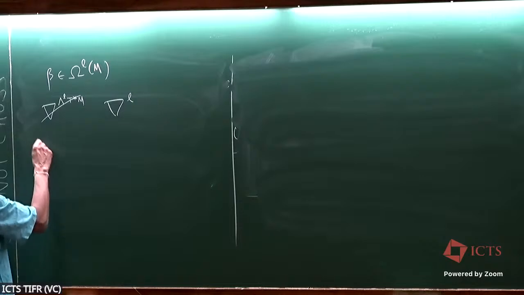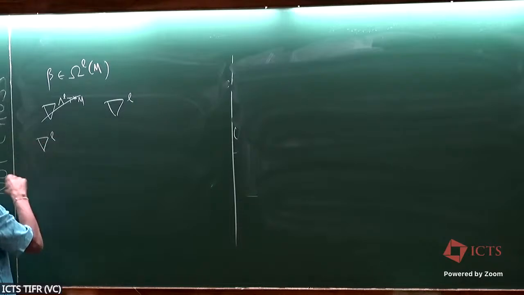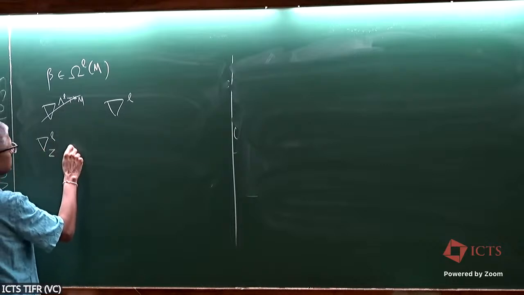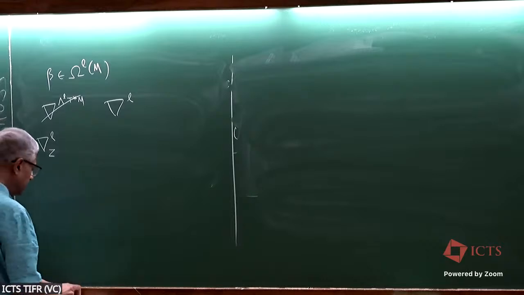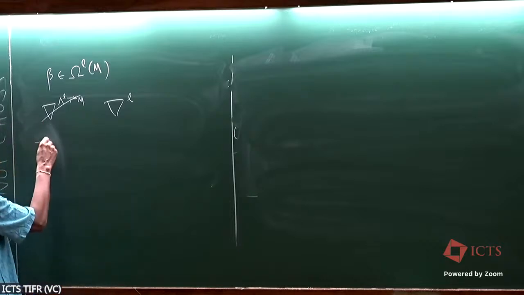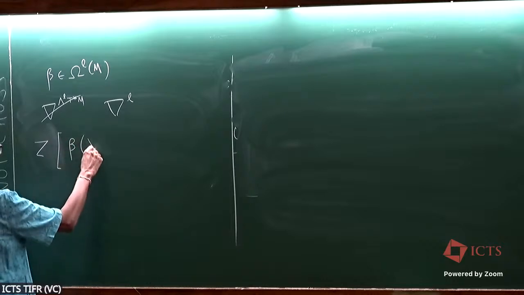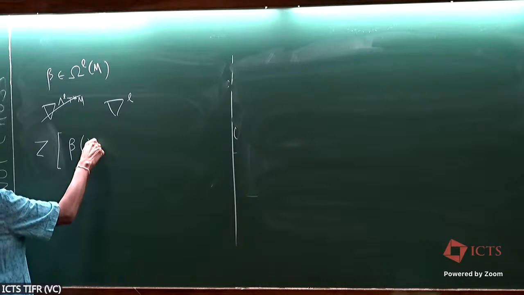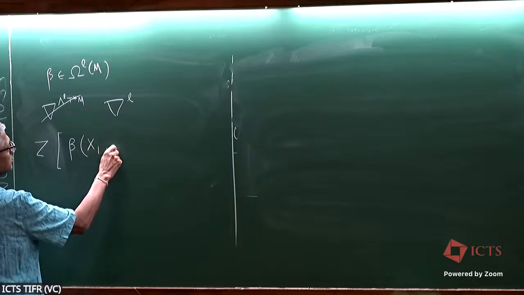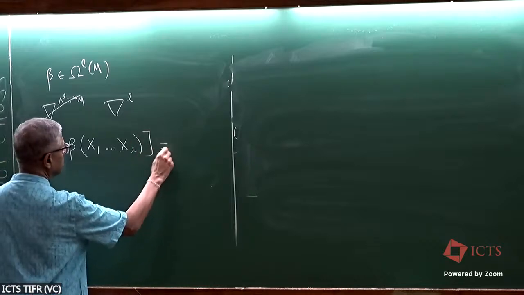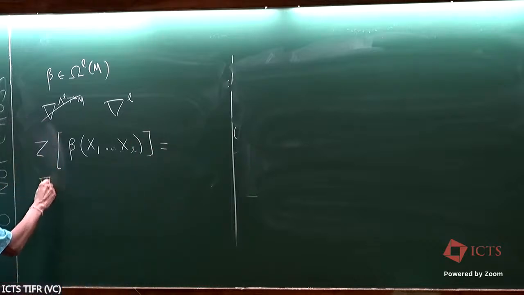So let's say you have a vector field Z and you have L vector fields. So if I take the directional derivative of this function along Z, the directional derivative will be the covariant derivative on L forms along Z of beta.